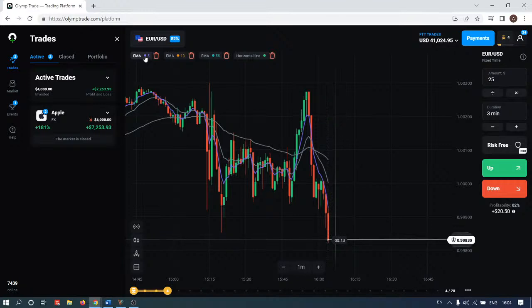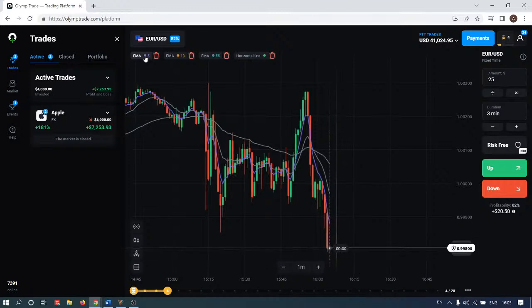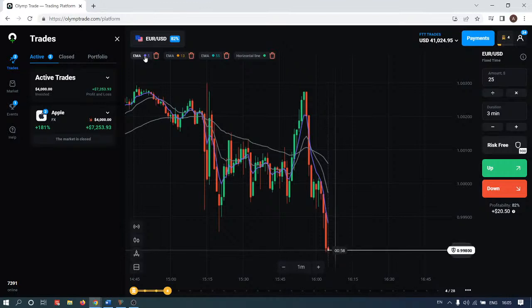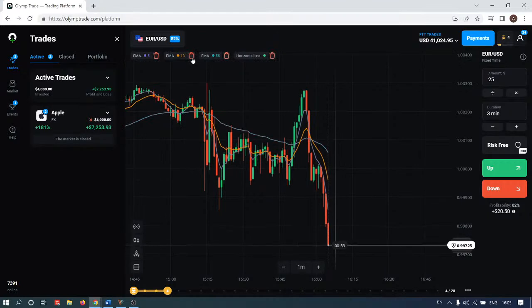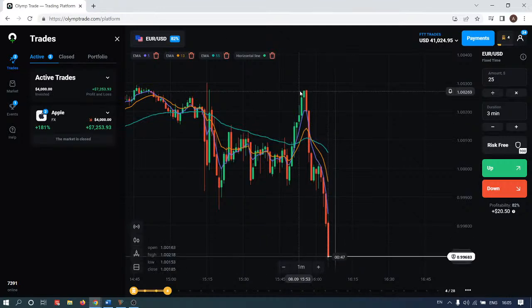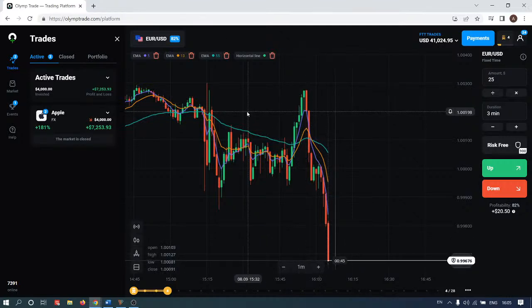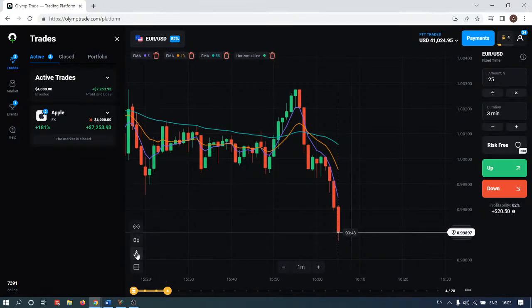So this is the fastest one to react, the fastest one to change. Then we have the 13 MA and the 55 MA. Very simple stuff.